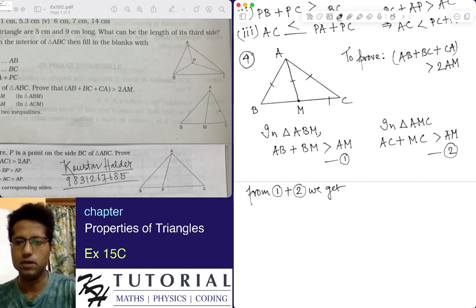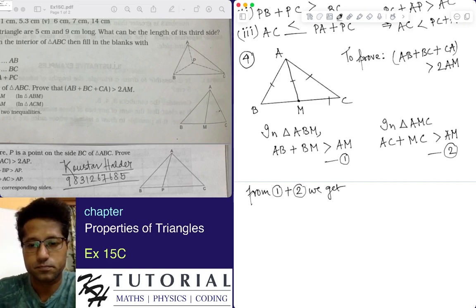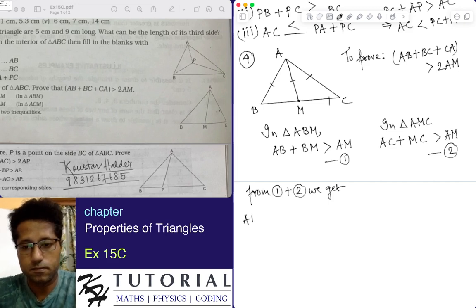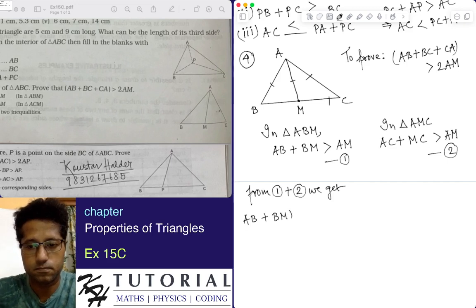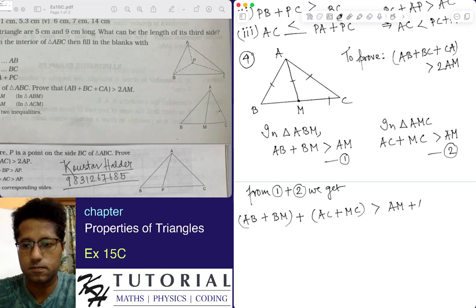Adding the left hand sides and the corresponding right hand sides, we get AB plus BM plus AC plus MC is greater than AM plus AM.